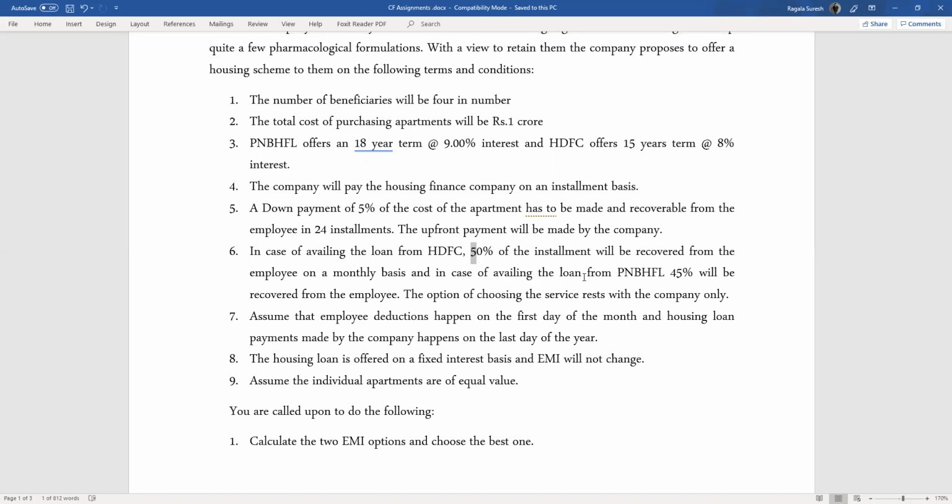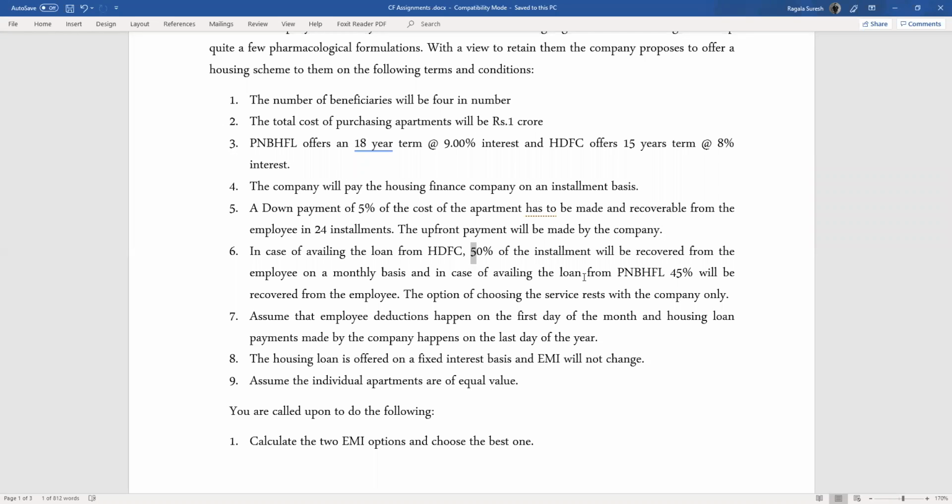So 50% of that employee will be paying if the loan is availed from HDFC, and if it is availed from PNB, then 45% of that amount will be paid by the employee. But how is this going to help in computation?